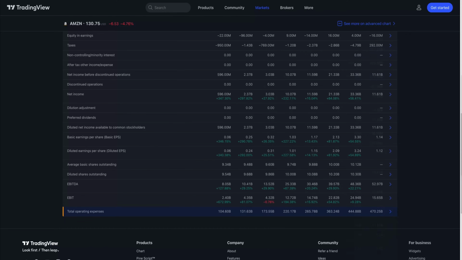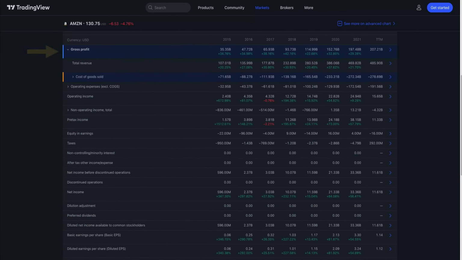Now let's turn our attention to gross profit, what it is and how it is calculated. Gross profit is the profit a business makes after subtracting all the costs that are related to manufacturing and selling its services or products. In TradingView, this bears the name cost of goods sold, and its value for 2021 was $272.34 billion for Amazon.